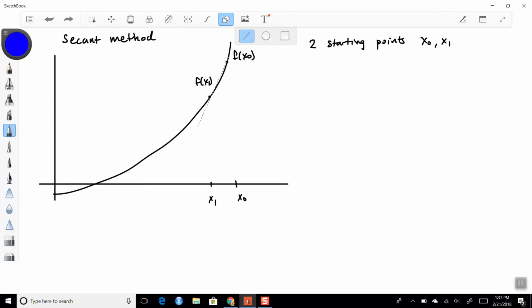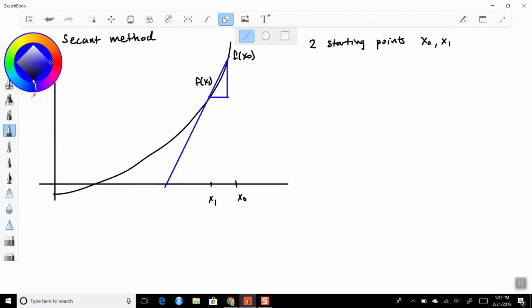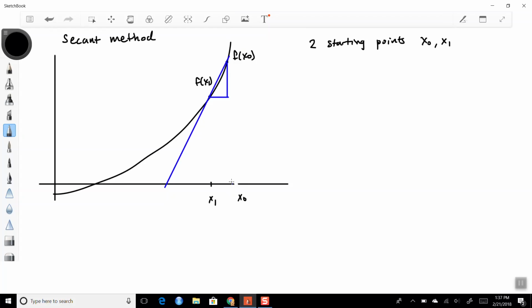So it's kind of like Newton-Raphson, except you're drawing a secant line through those two locations. X0 is right there.